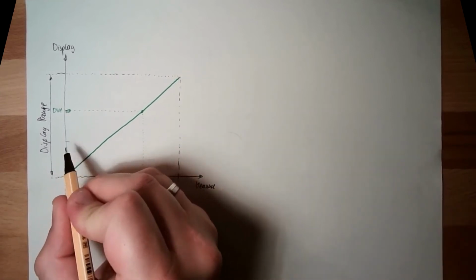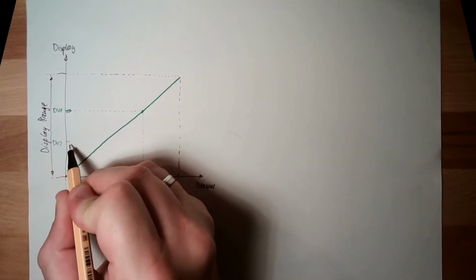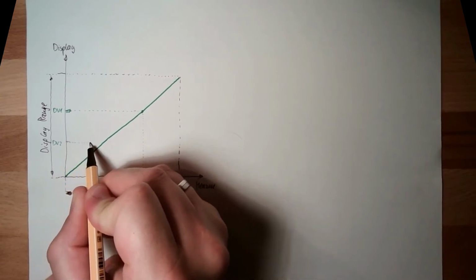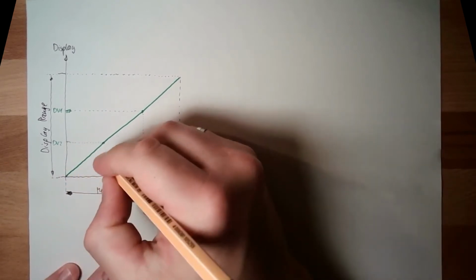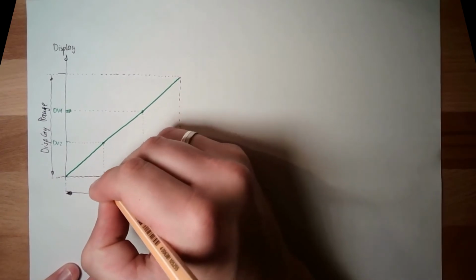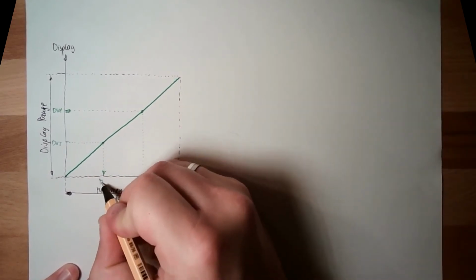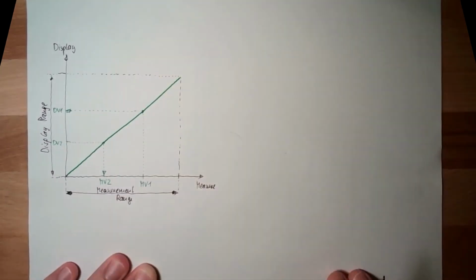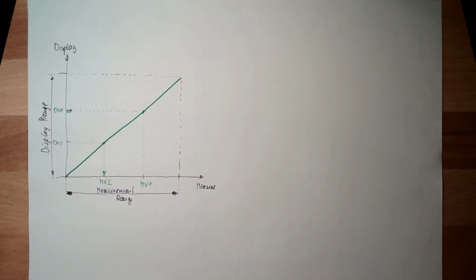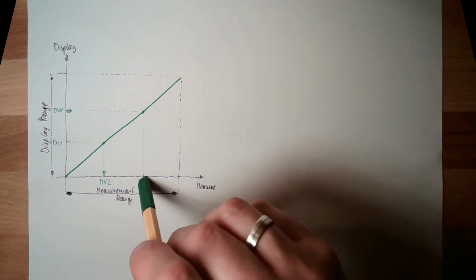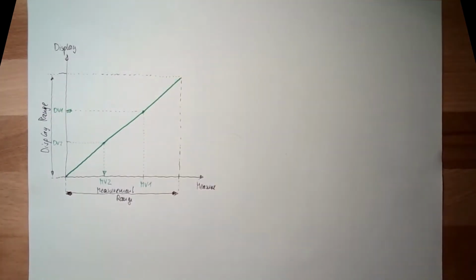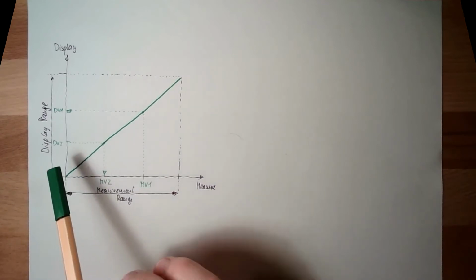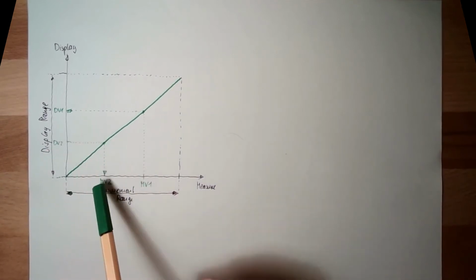And on the other hand, I have a displayed value 2, and this must come exactly from this measured value 2. In both directions, I have a unique relationship. If I have one measured value, it's exactly one displayed value. If I have one displayed value, I have exactly one measured value.